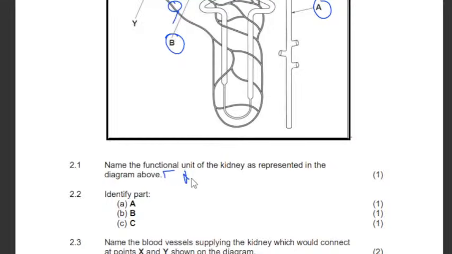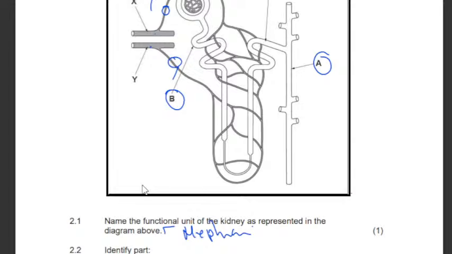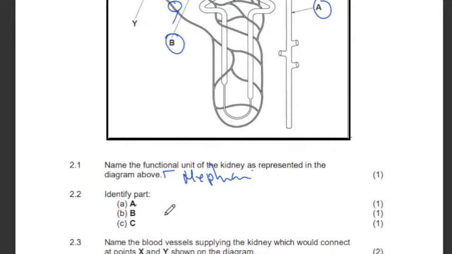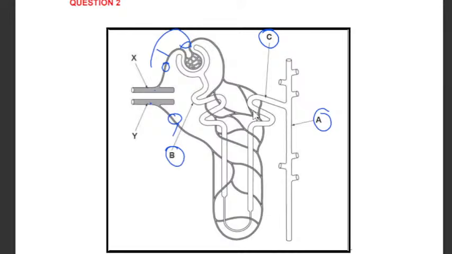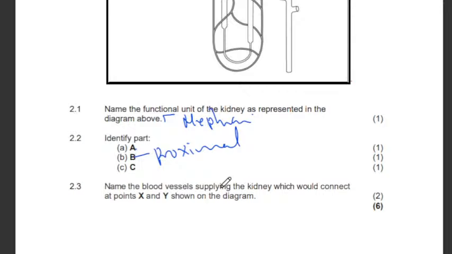Then they're saying identify part A. We have said it: part A is the collecting duct. Part B is the proximal convoluted tubule. And part C is the distal convoluted tubule.